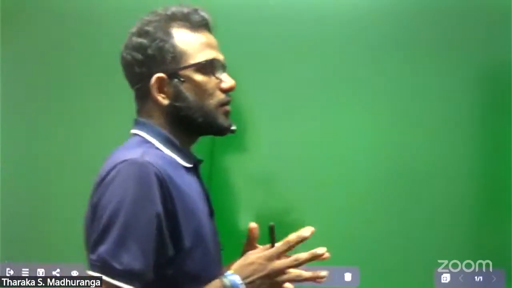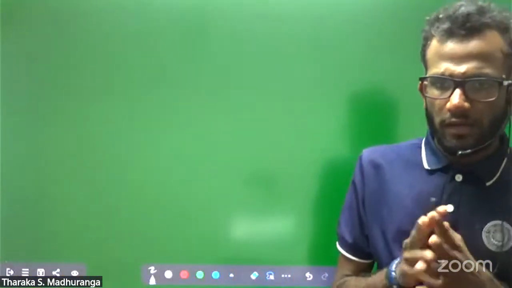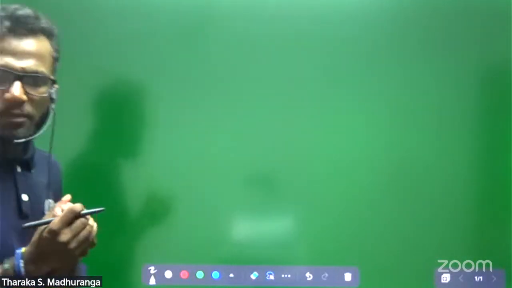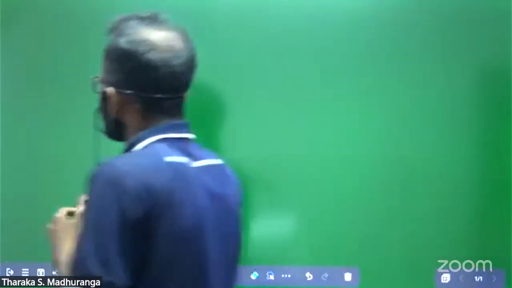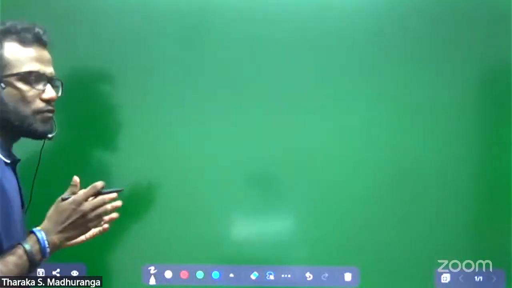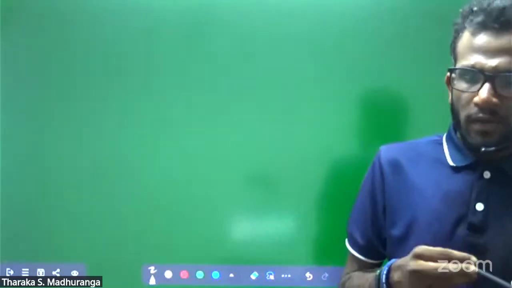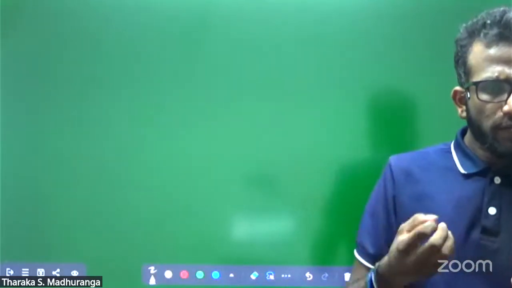Now we are discussing the extraction methods. I told you throughout this lesson we discuss three main parts. Our target of this lesson is to extract any compound, any secondary metabolites.